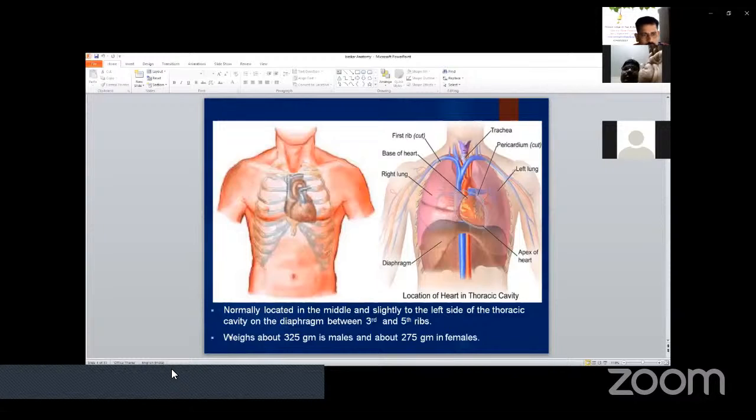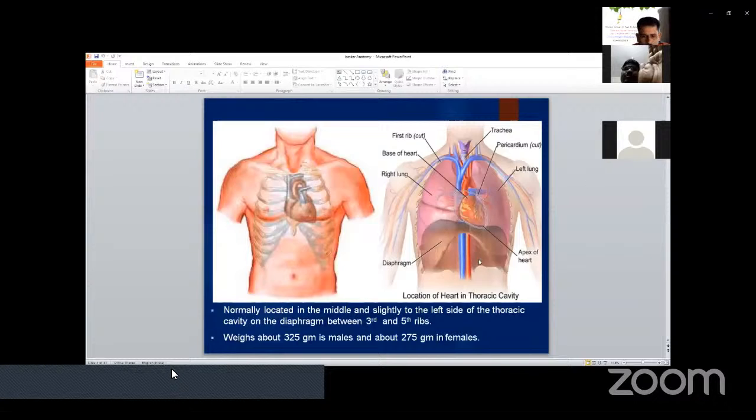Okay, now we can see our heart is located in the middle of third and fifth ribs to the left of the thoracic cavity. You can see near that the left lung is there, and you can see the veins in blue color and red blood vessels in red color.